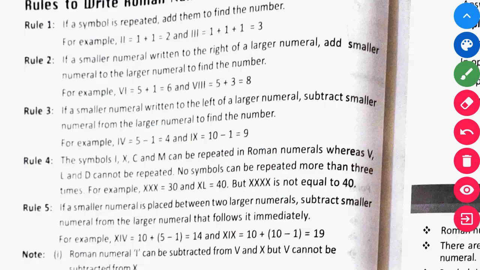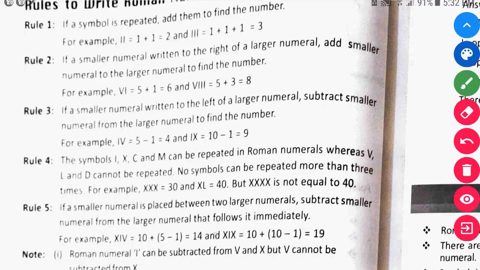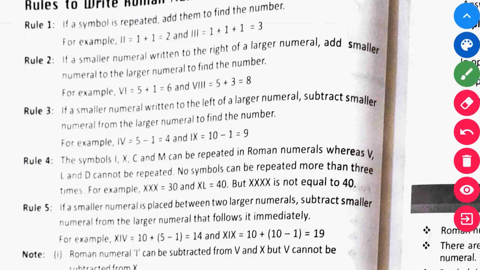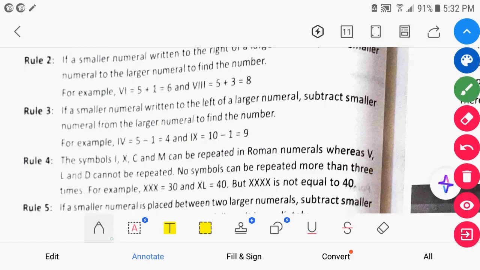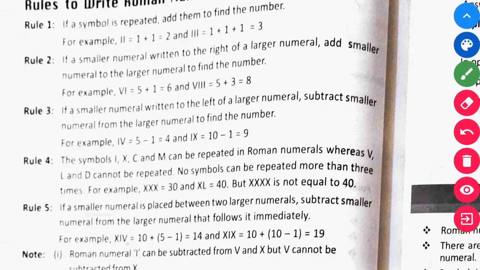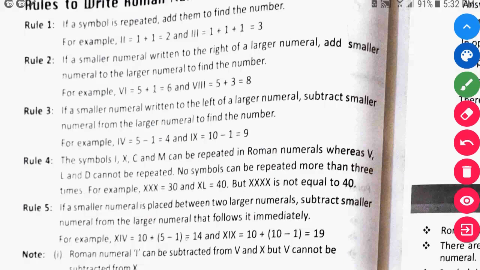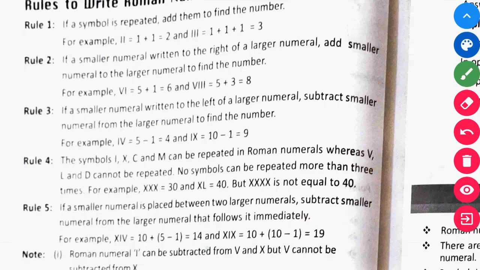If a smaller numeral is placed between two larger numerals, subtract the smaller numeral from the larger one that follows it immediately. Now see XIV: X represents 10, V represents 5, and 1 is written in between them. So 10 plus 5 minus 1, that is 14, is that number.